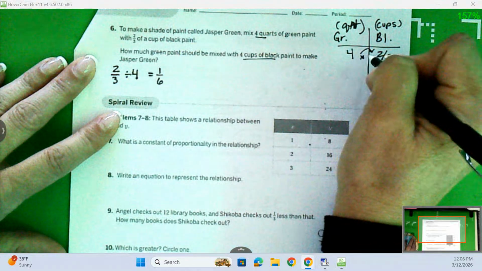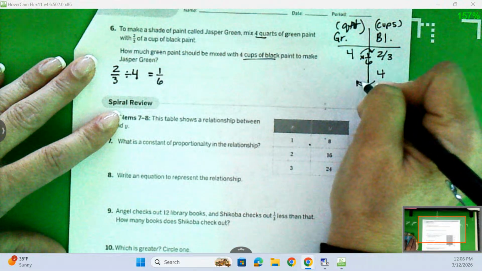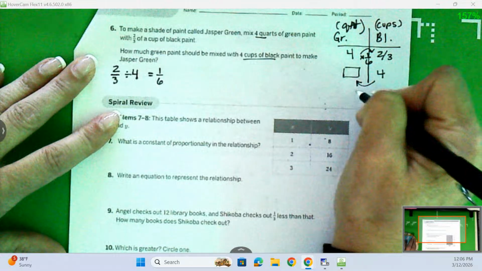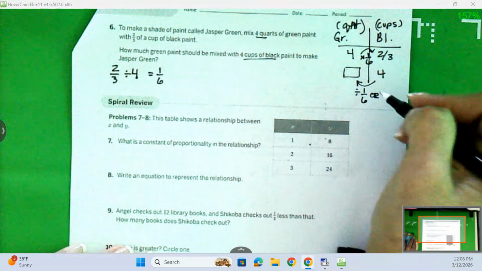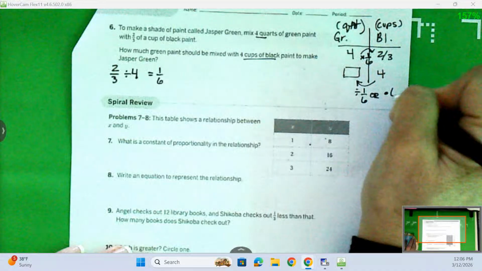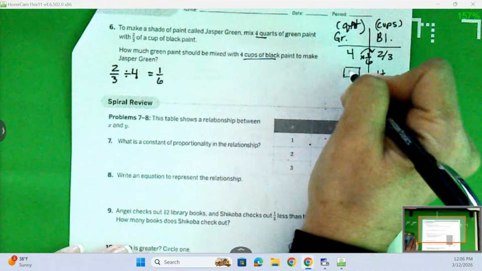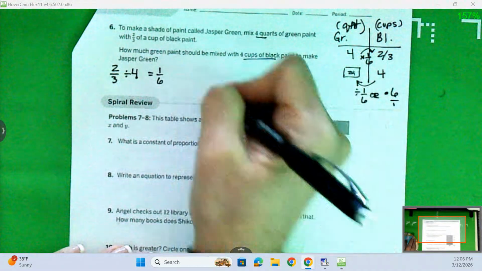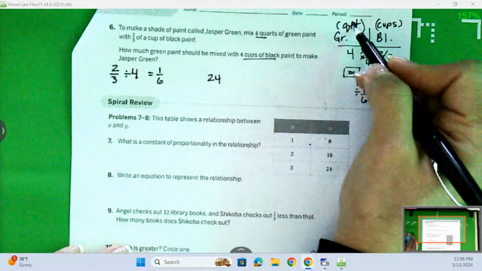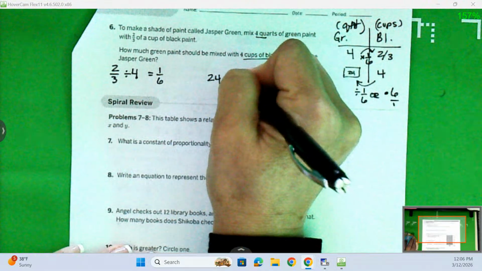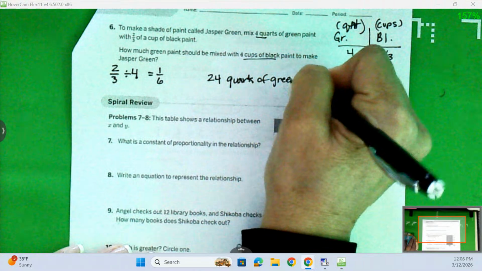So I'm multiplying by 1/6 going in this direction, which means to go in the opposite direction, I'd be dividing by 1/6, or I can just do the flip of that, which would be multiplying by 6/1, which is just multiplying by 6. And 4 times 6 is 24. So I would need 24, and then look at your units for green, it's quarts. 24 quarts of green paint.